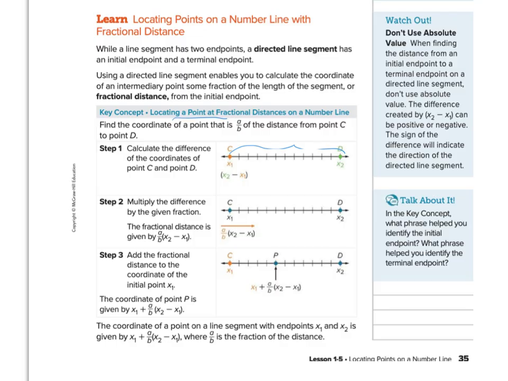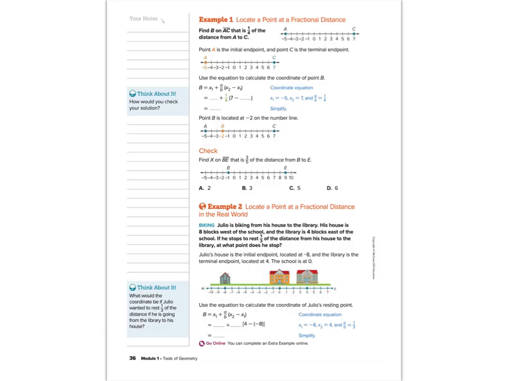So just using the formula, we start off somewhere and then we add some portion, the fraction of the distance. That's what we're doing here. So being able to use that formula and just recognizing what we're doing.